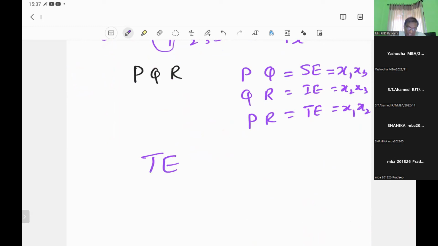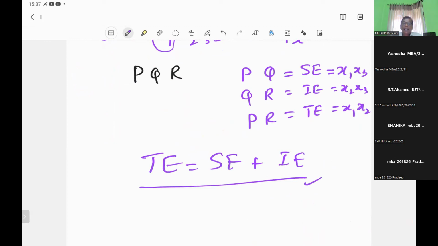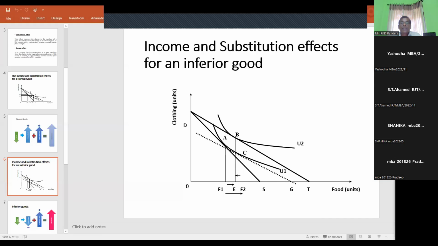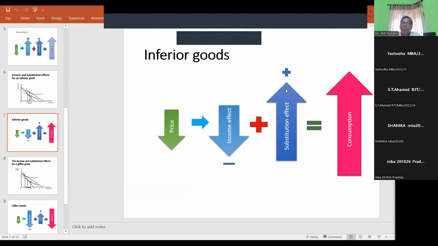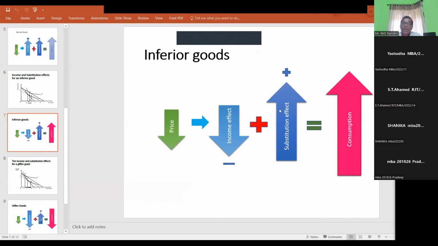Yes, the total effect is equal to substitution effect plus income effect. This is the same here also, but here you can realize that this is an inferior good. The substitution effect is more powerful. You are adding these two.